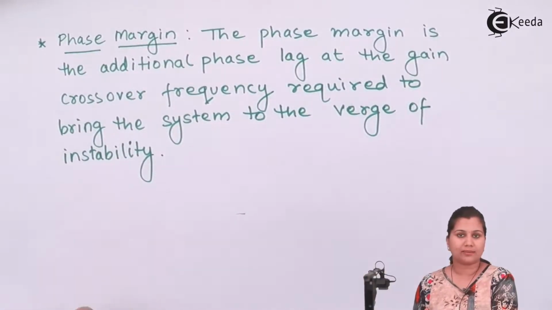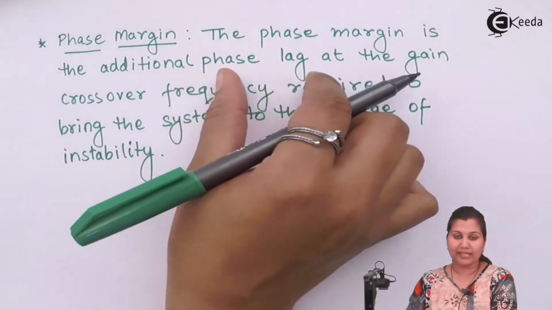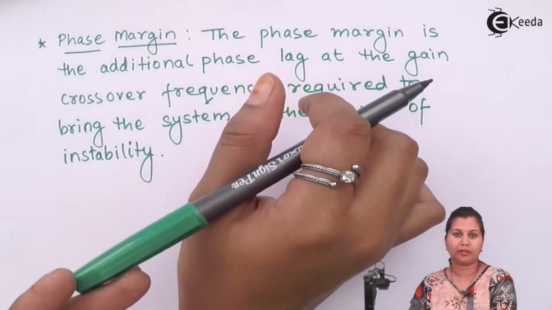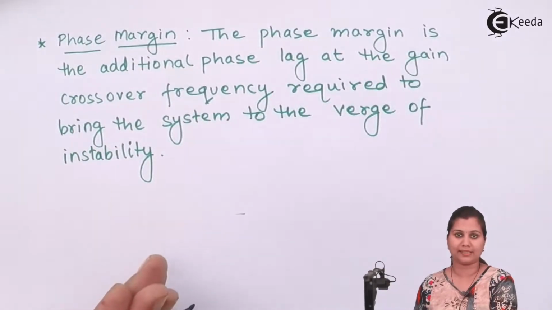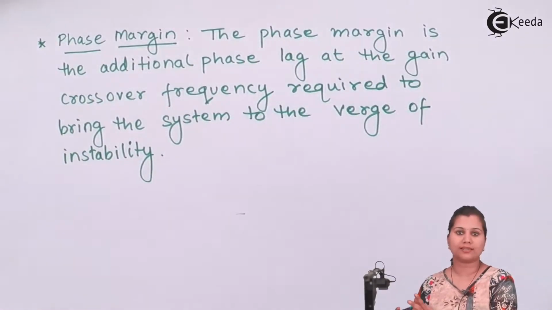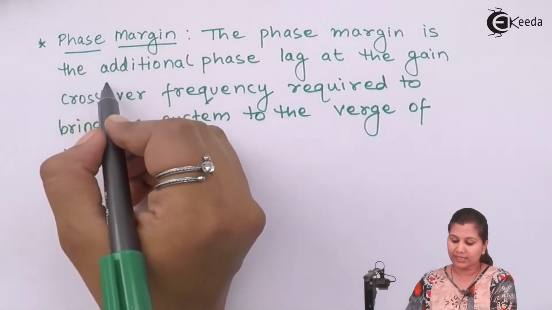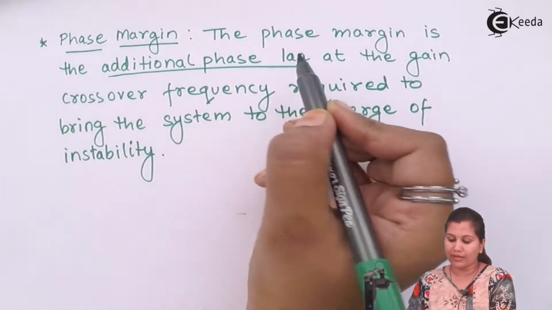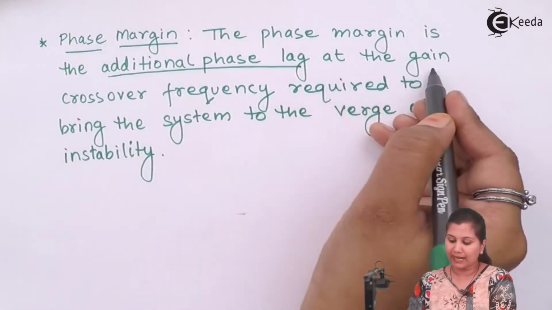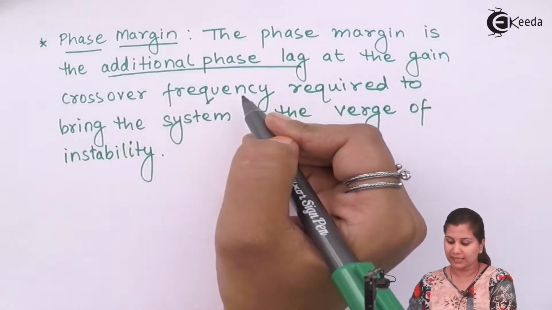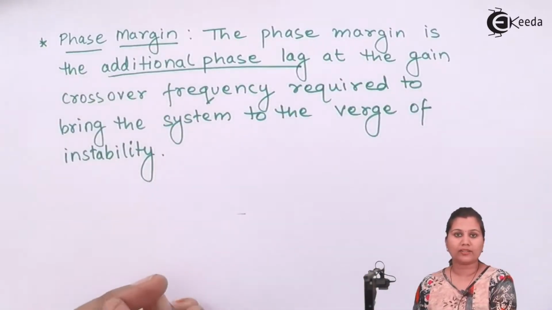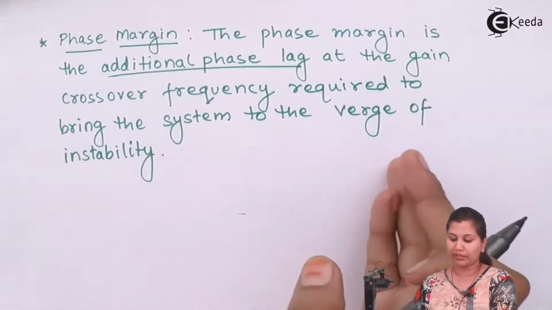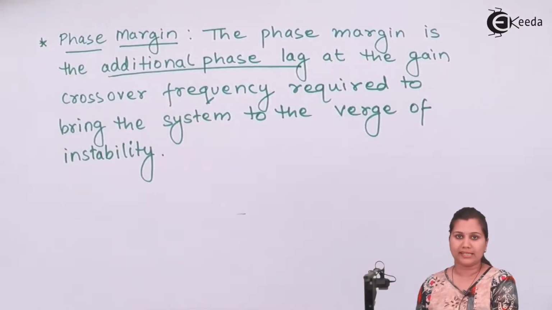Every system will have some phase lag associated with it. So this is the additional amount of phase lag present at the gain crossover frequency which the system requires so that it can be brought to the verge of instability.